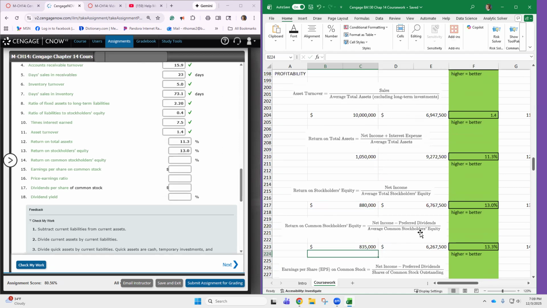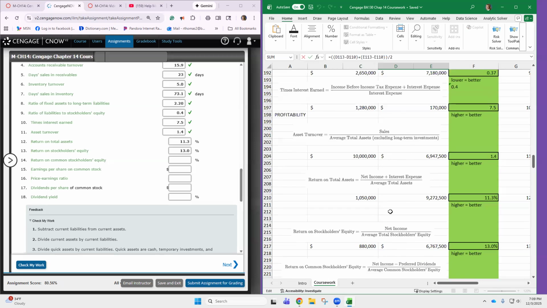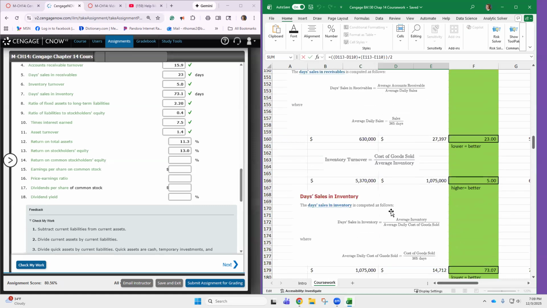Then we have average common stockholders' equity. This takes a little bit of work, kind of like when we subtracted the long-term investments from the assets. So I've got D113 and E113, way up here.